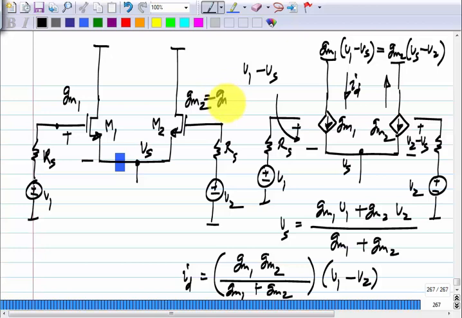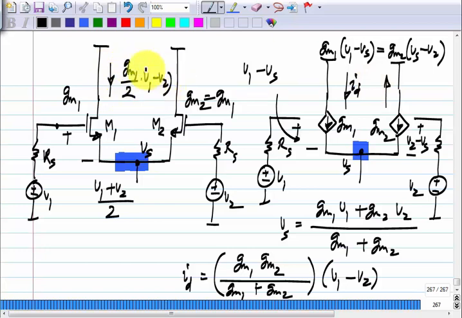So, let me make GM2 equal to GM1, then what will be the voltage here? This voltage will be the average of V1 and V2. Okay. And what is the current ID? GM1 by 2 times V1 minus V2. Okay.